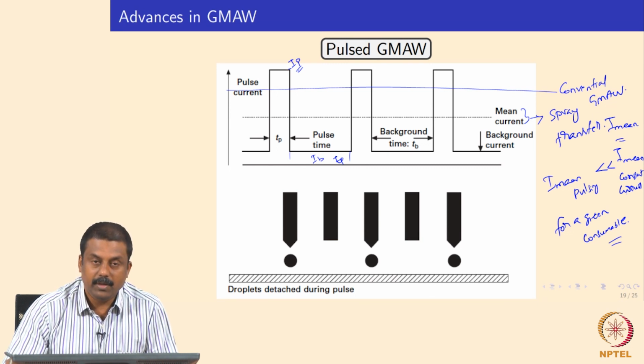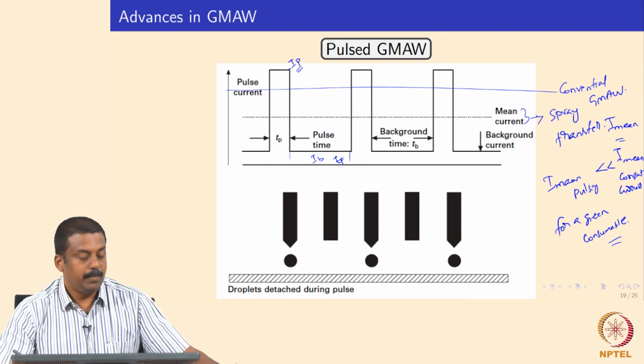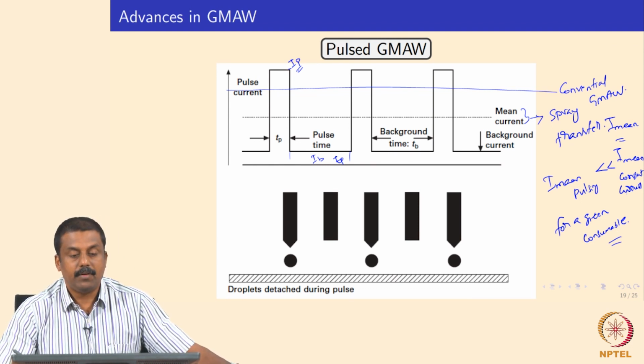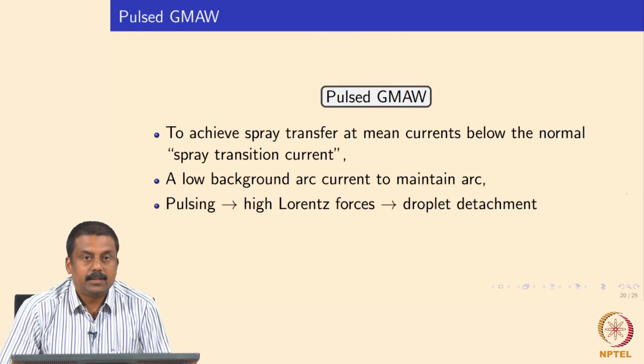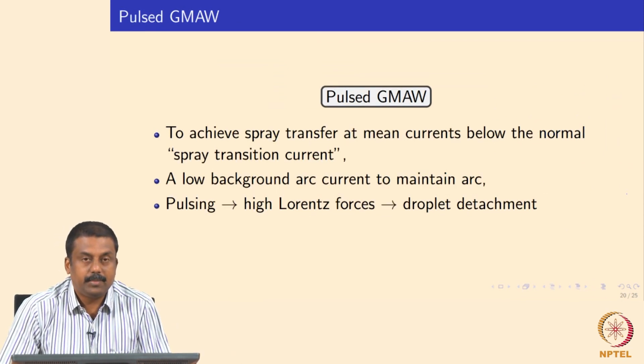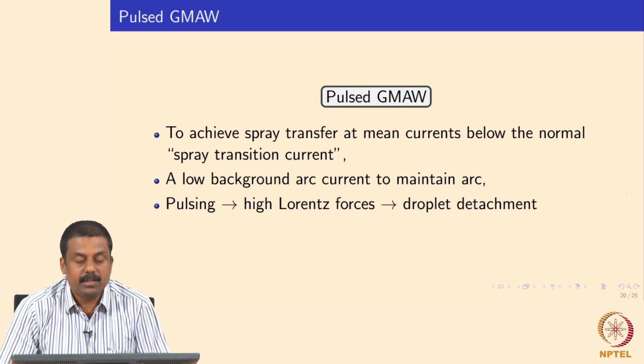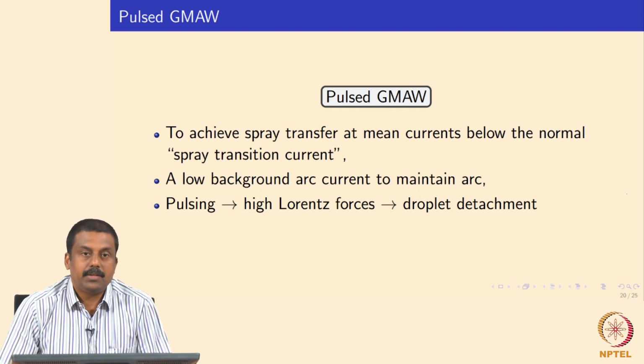If you are doing dissimilar welding of aluminum and steel, you may also reduce the intermetallic formation by reducing the heat input. But again, compared to the conventional welding process, pulse GMAW we use to achieve the spray transfer at mean currents much below the normal spray transition when you use constant current.